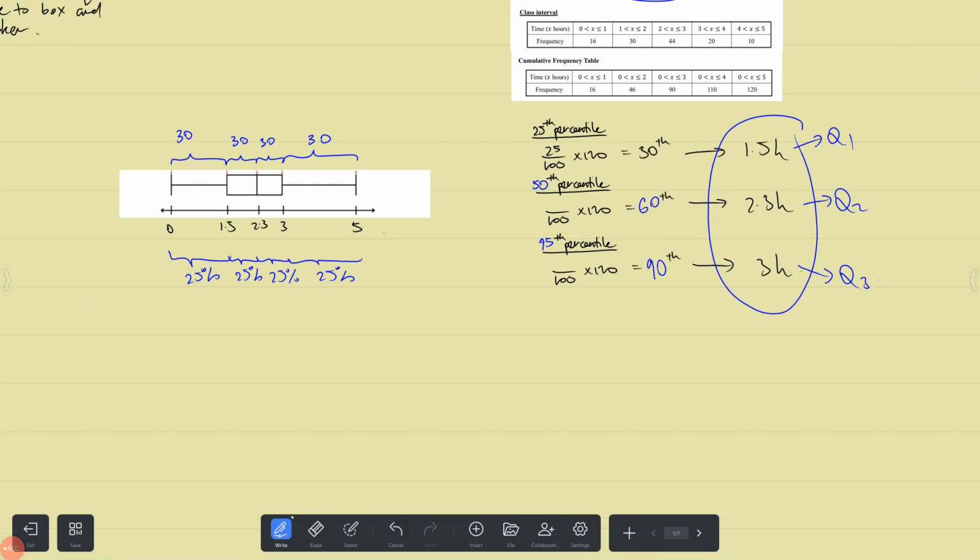And what we can say, for example here, we can say that the bottom 25% is less widespread than say the top 25%.